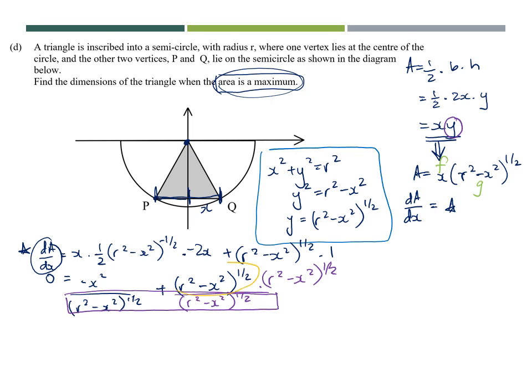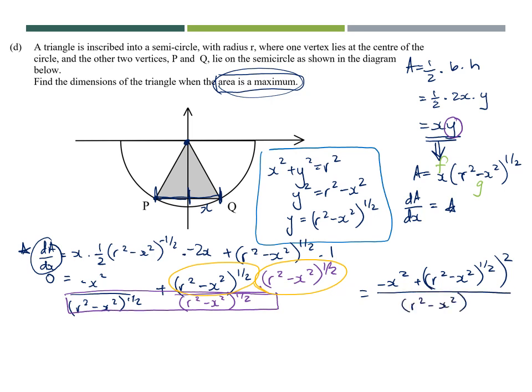This part here is this times itself, so it's that squared, which means I've got negative x squared plus r squared minus x squared to the power of a half squared, all over r squared minus x squared all to the power of a half. Okay, and if we're talking about dA over dx equal to 0, we're just really referring to that top line. And a half to the power of 2, they're going to simplify. So we're going to get 0 equals negative x squared plus r squared minus x squared.